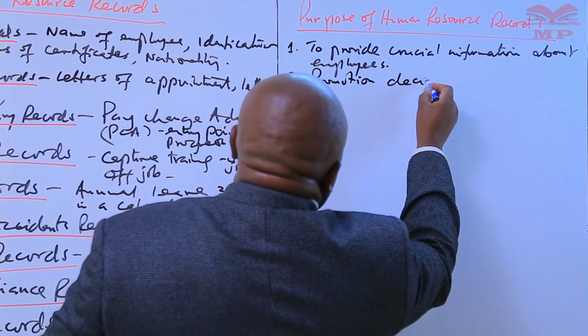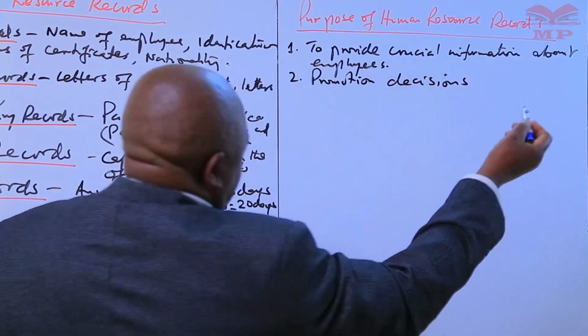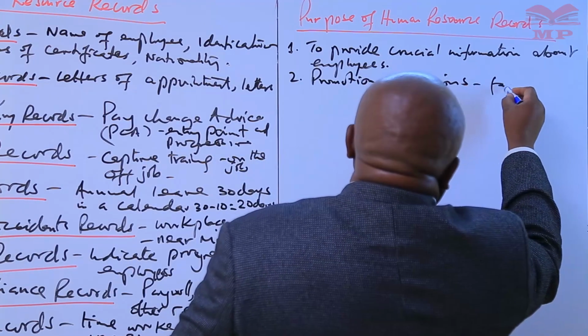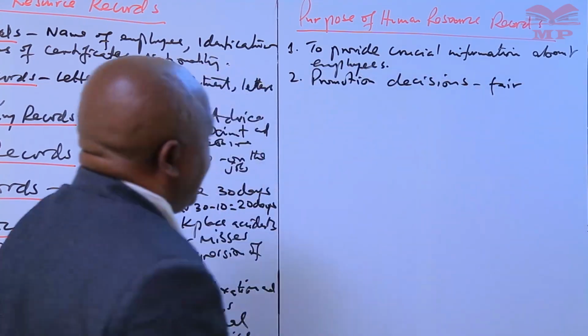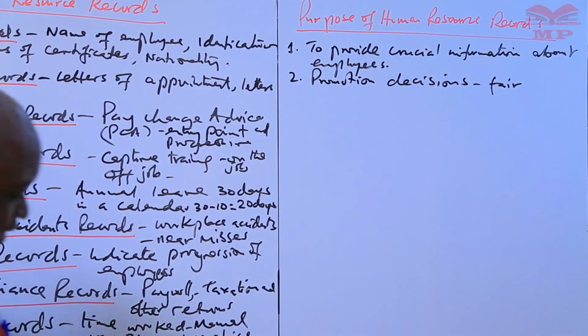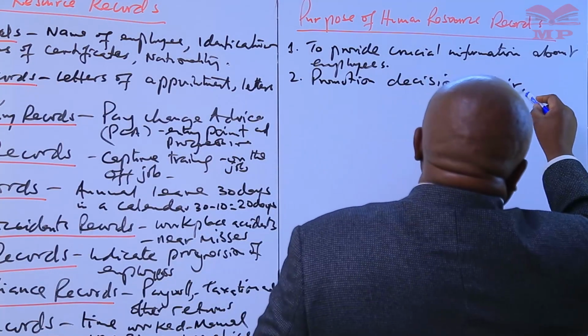Promotion decisions. You want to make a fair decision in terms of promotion. So if you have proper records, then you can see if you are using seniority, for example.